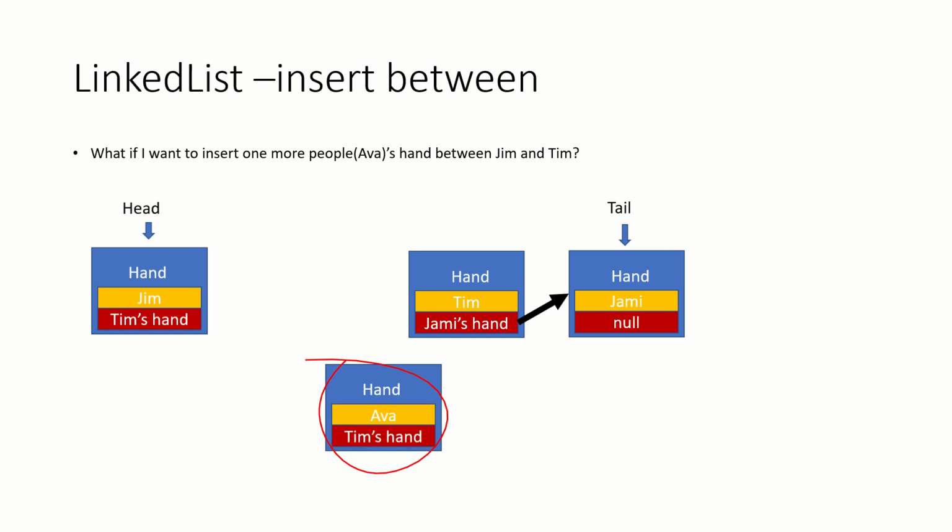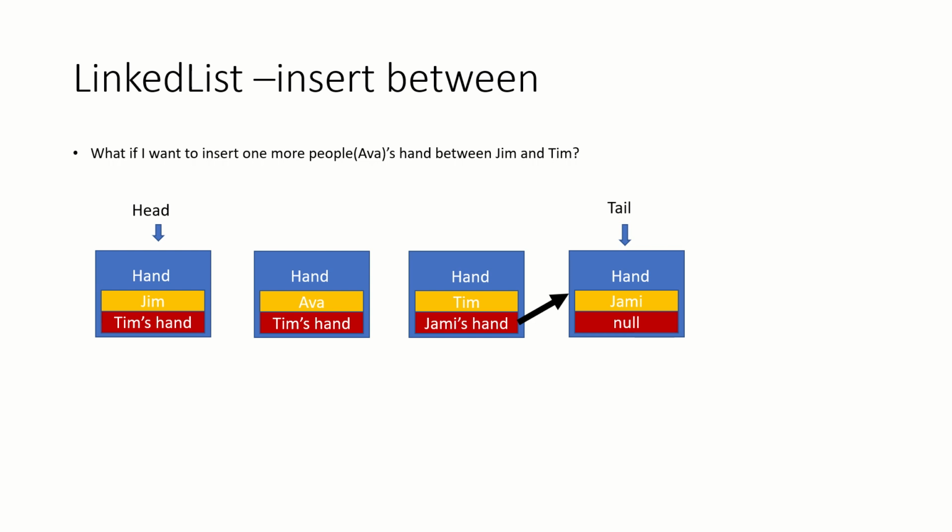right? At this time, the head also needs to change, right? Because originally, the head would be Tim's head, right? Right now, we need to let Jim know the next hand should be Eva.